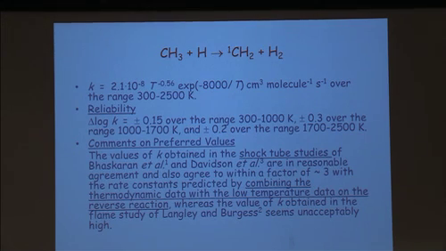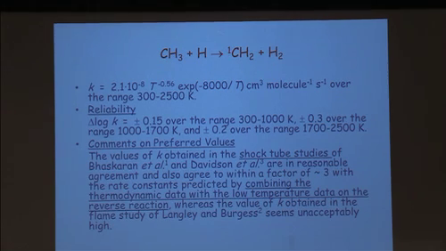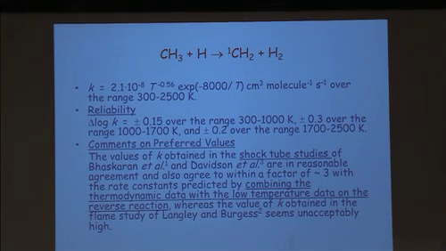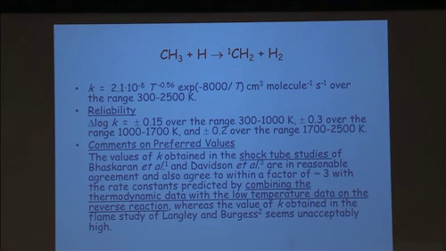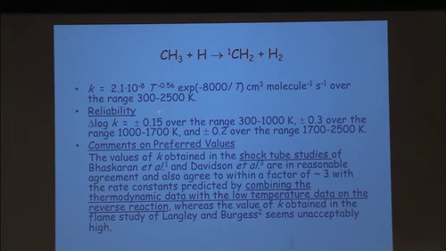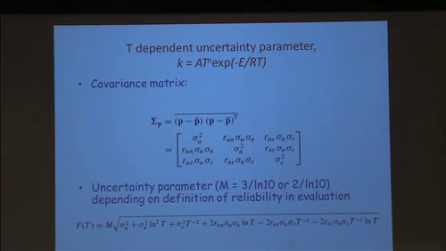At lower temperatures, there's the direct measurement of the reverse reaction, singlet methylene plus H2 forming CH3 plus H. And at higher temperatures, there's the direct determination of the CH3 plus H value. But there's this rather complicated set of uncertainties here.